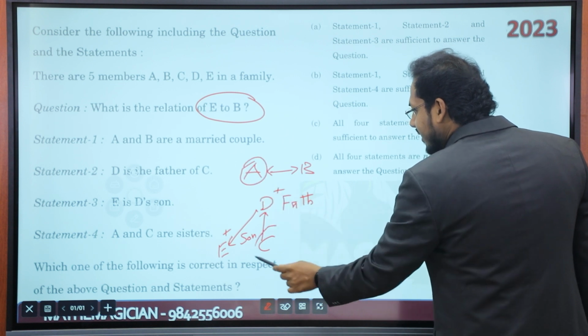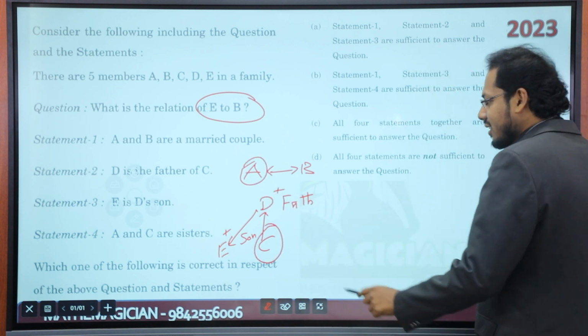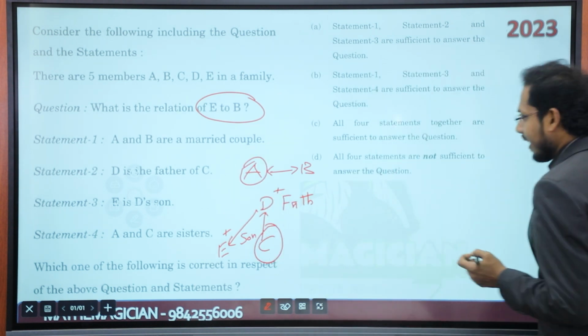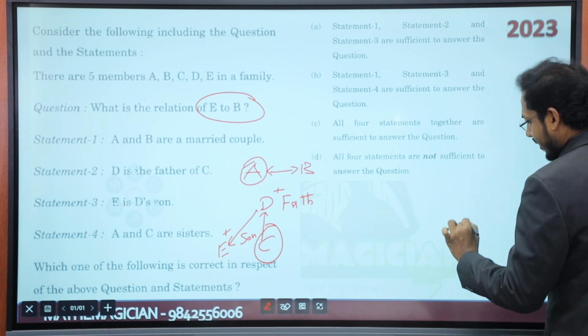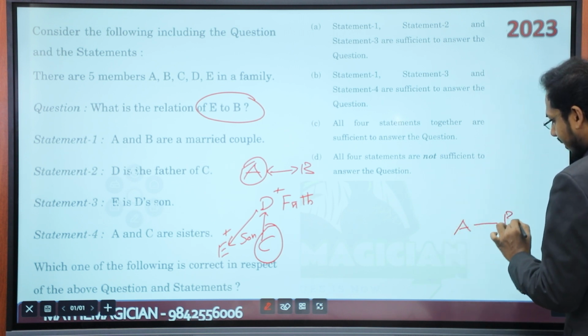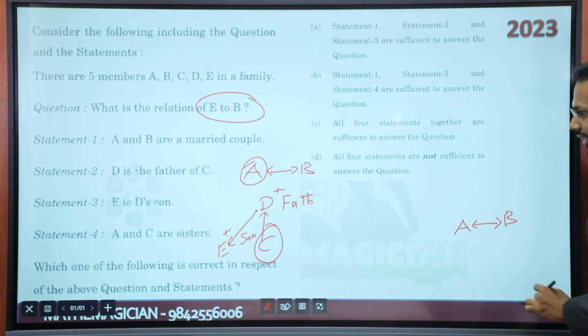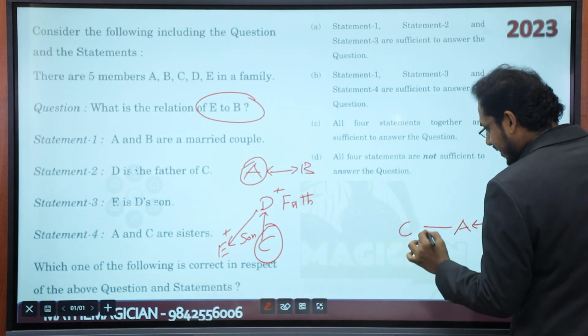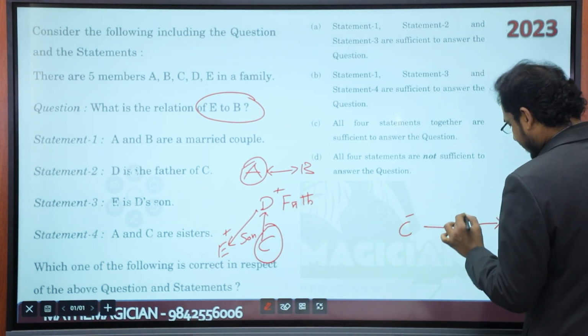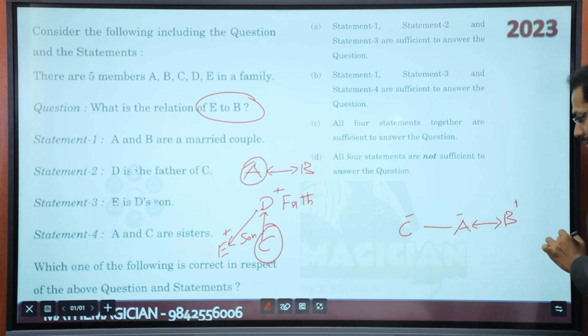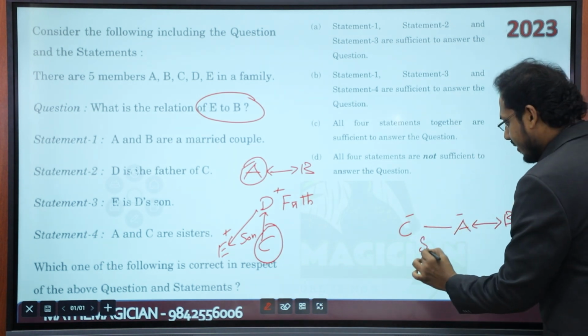A is here, C is here, both are sisters, so this diagram will be like this. A and B are a couple, and A and C are sisters. So he will be the male, a couple, sisters. You can write here, sisters.